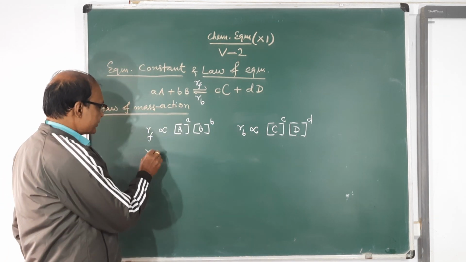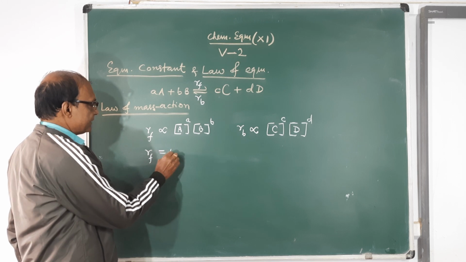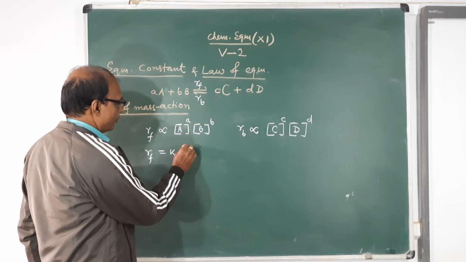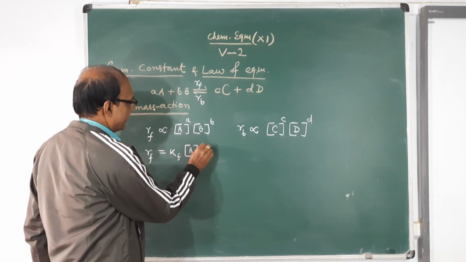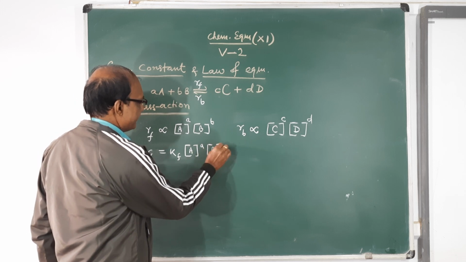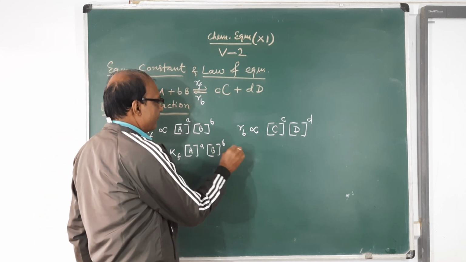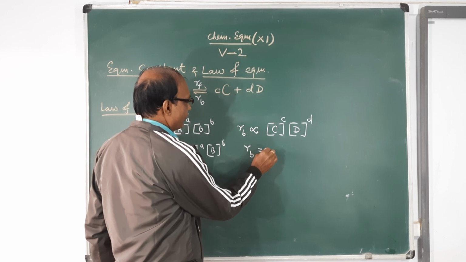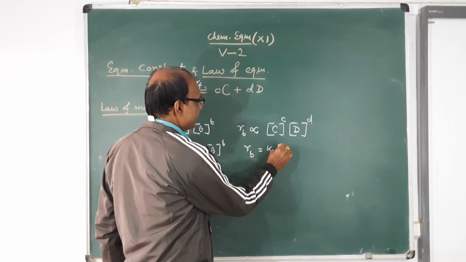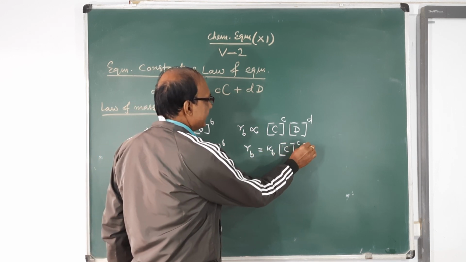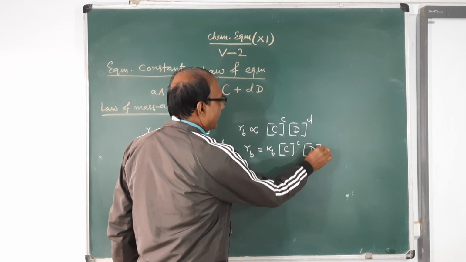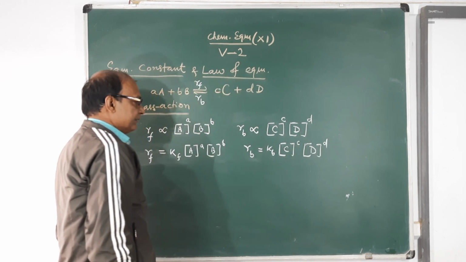Now we proceed. Rate of the forward direction equals Kf times [A]^a [B]^b. Rate of the backward direction equals Kb times [C]^c [D]^d.